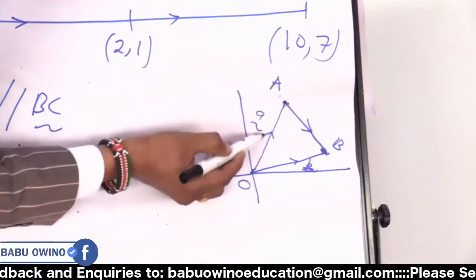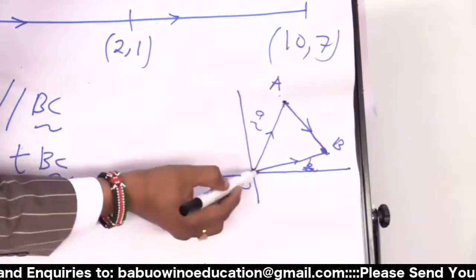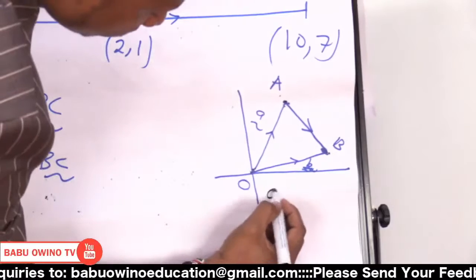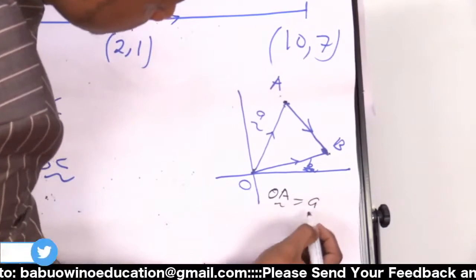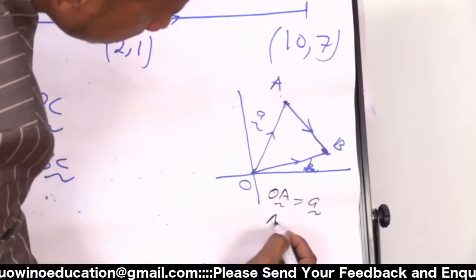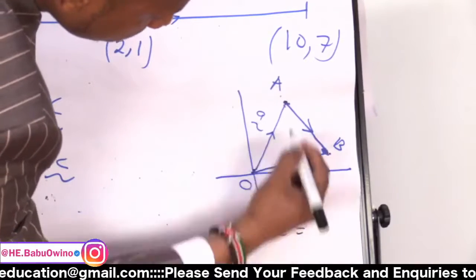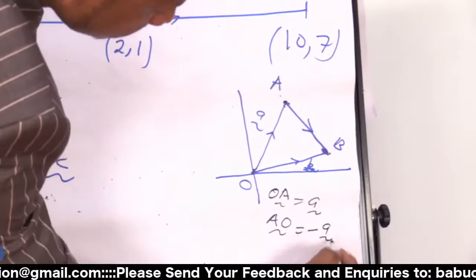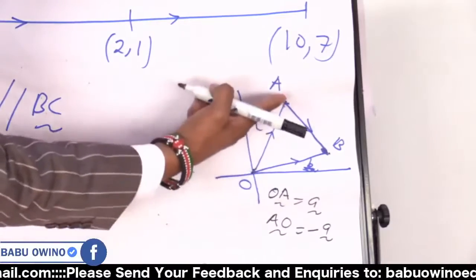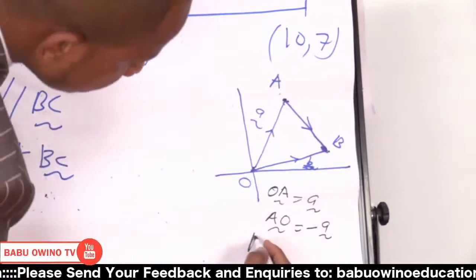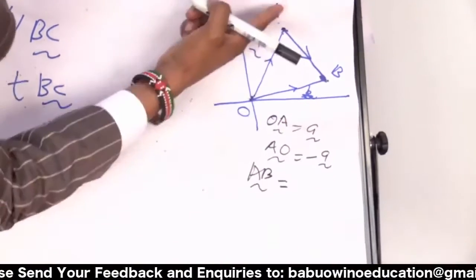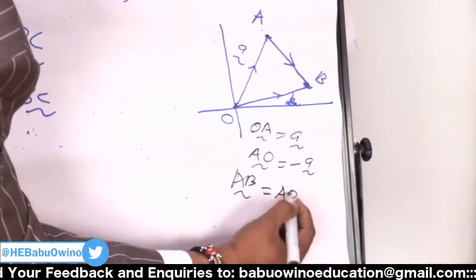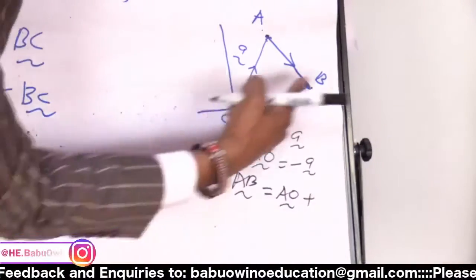Remember, OA is A. Therefore, if OA is equal to A, what about AO? Opposite direction means negative A. Therefore, vector AB equals AO plus OB.